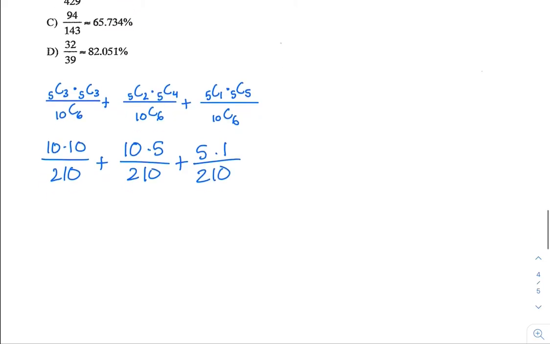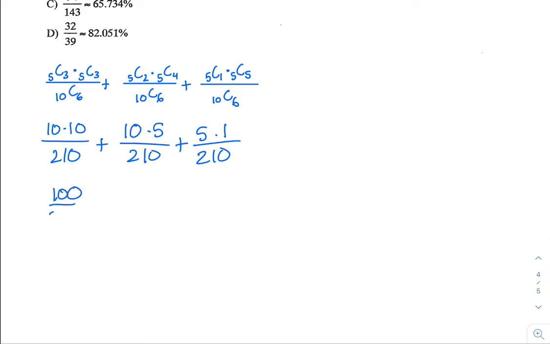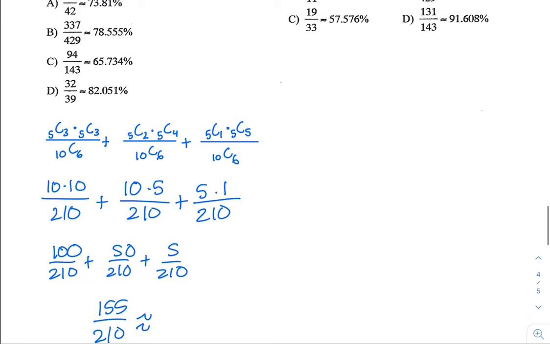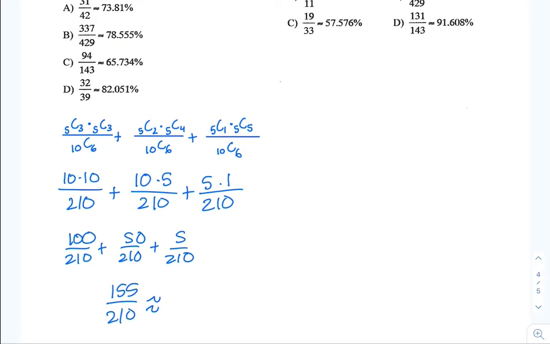Add all these together so you guys get 100 out of 210, 50 out of 210, 5 out of 210, which simplifies to 155 all over 210, which is roughly, 155 divided by 210, which is roughly 73.81%.